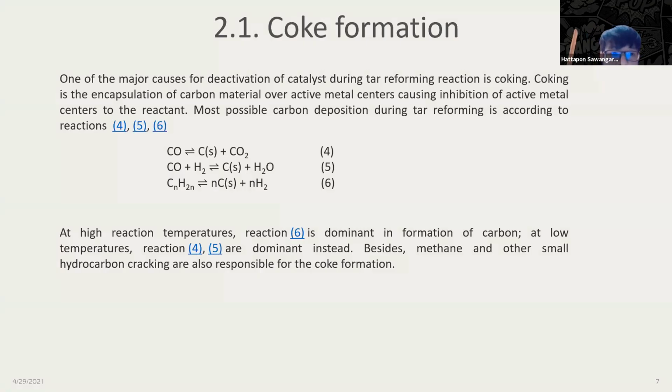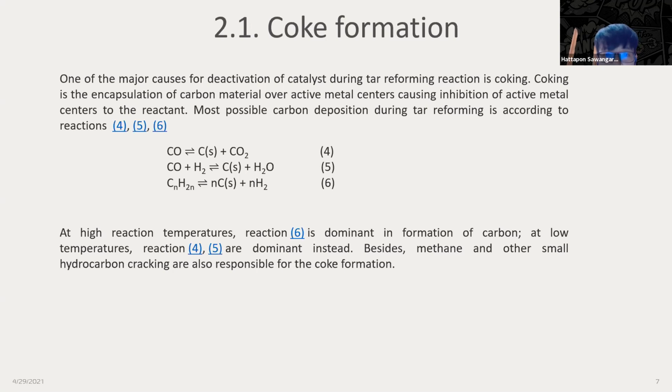Coke formation. One of the major causes for the deactivation of catalyst during the tar reforming reaction is coke. Coking is the encapsulation of carbon material over the active metal center, causing inhibition of the active metal center to reactants.